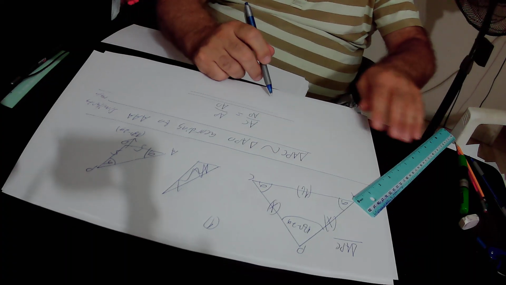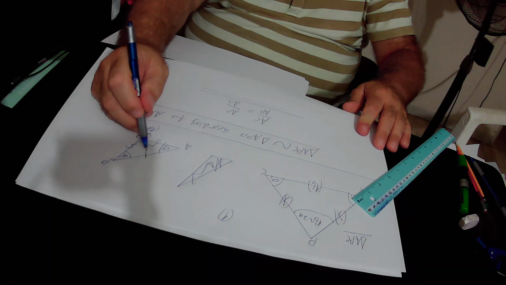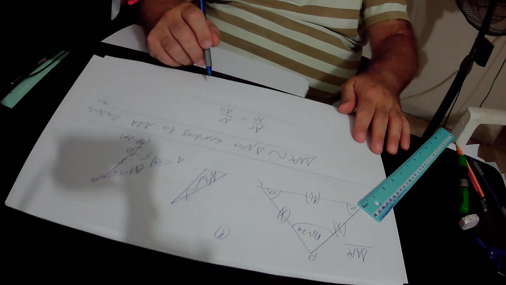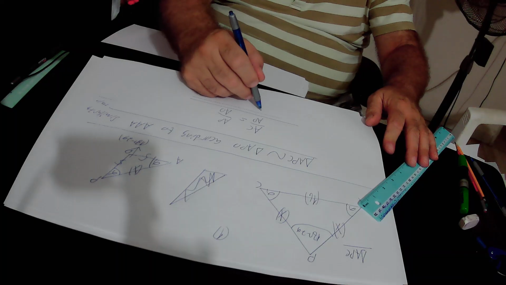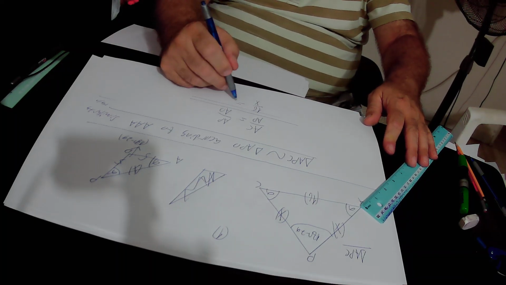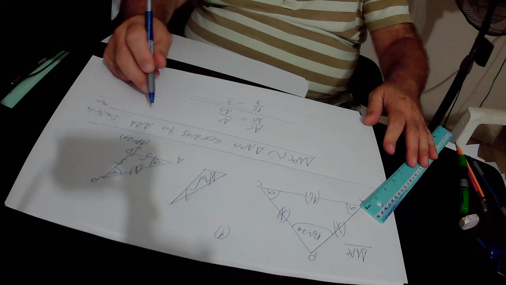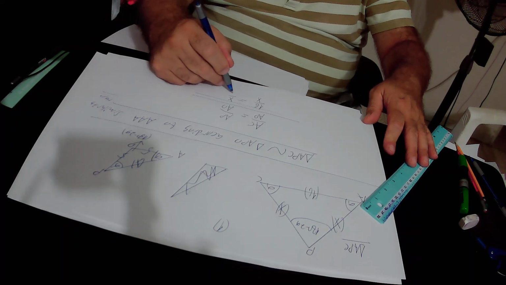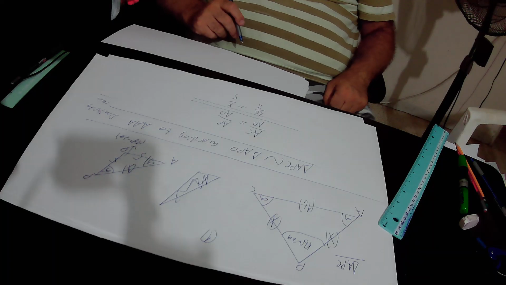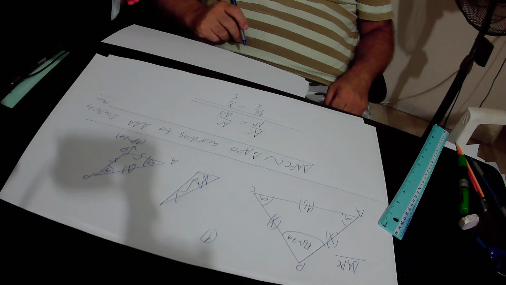AP is X here, that is the line segment that we're looking for in this question. So AC is 16 over AP is X, and it equals AP, that is X, over AO, that is 5, the radius of the semicircle. So in total, we found that 16 over X equals X over 5.